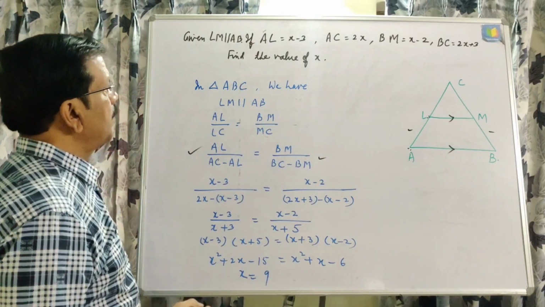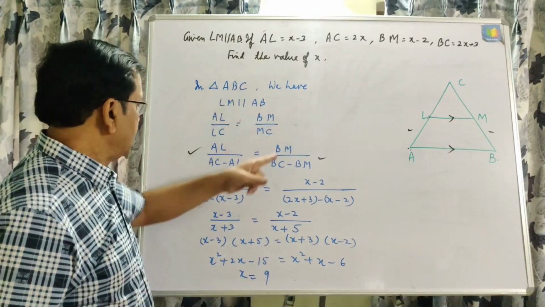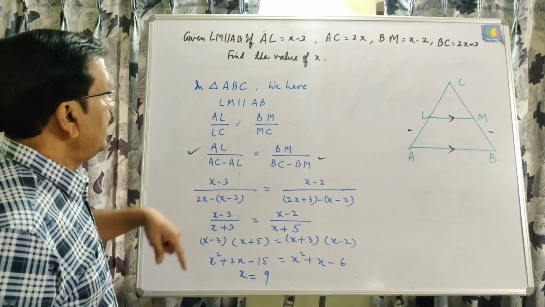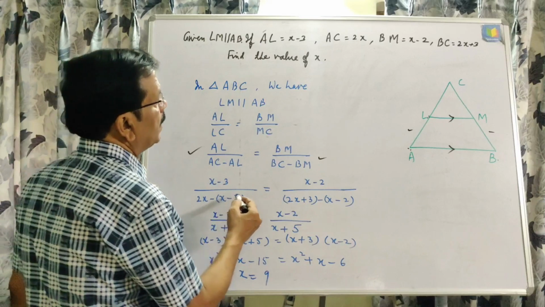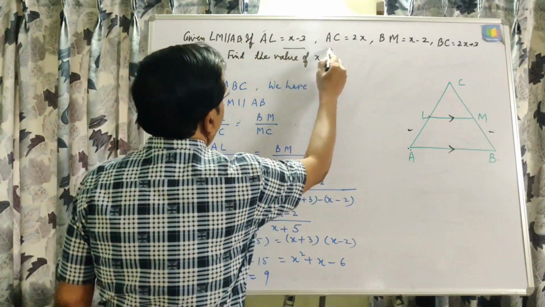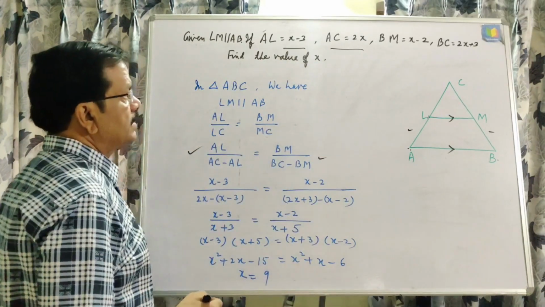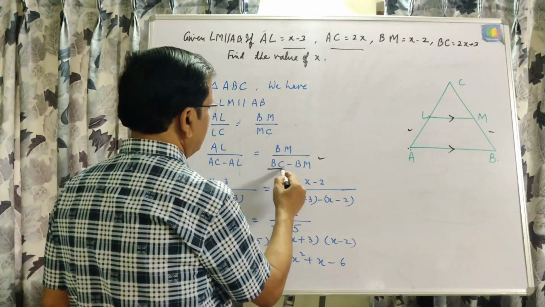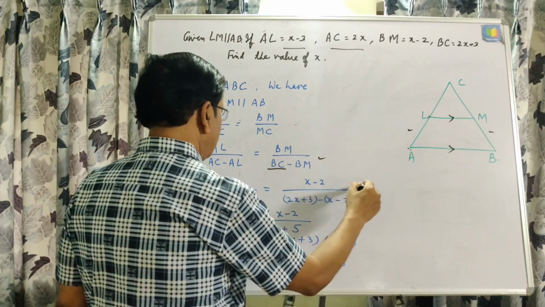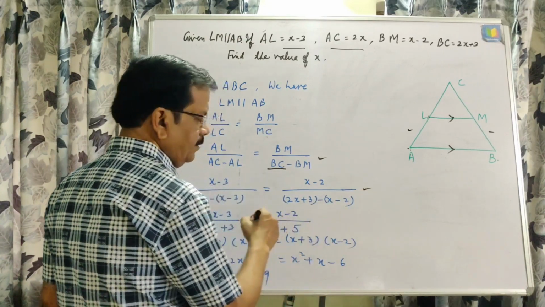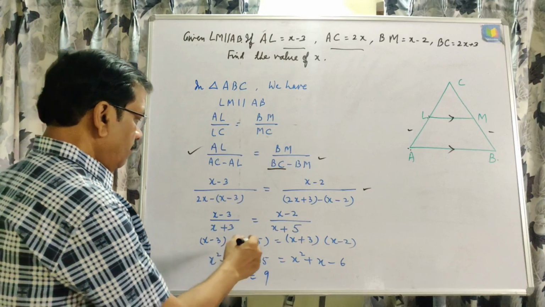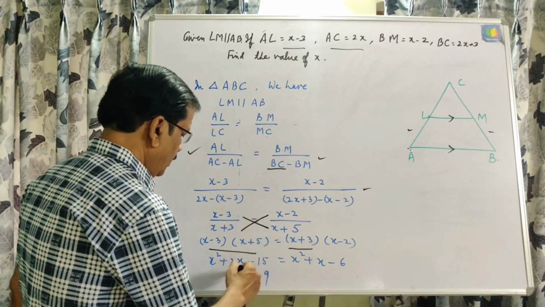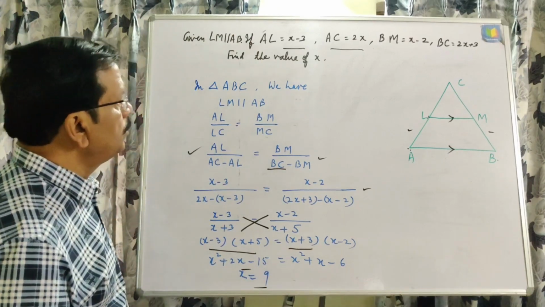Now substituting the given values, AL is x minus 3, AC is 2x, BM is x minus 2 and BC is 2x plus 3. Substituting these values and then solving by cross multiplication, we can get the value of x is equal to 9.